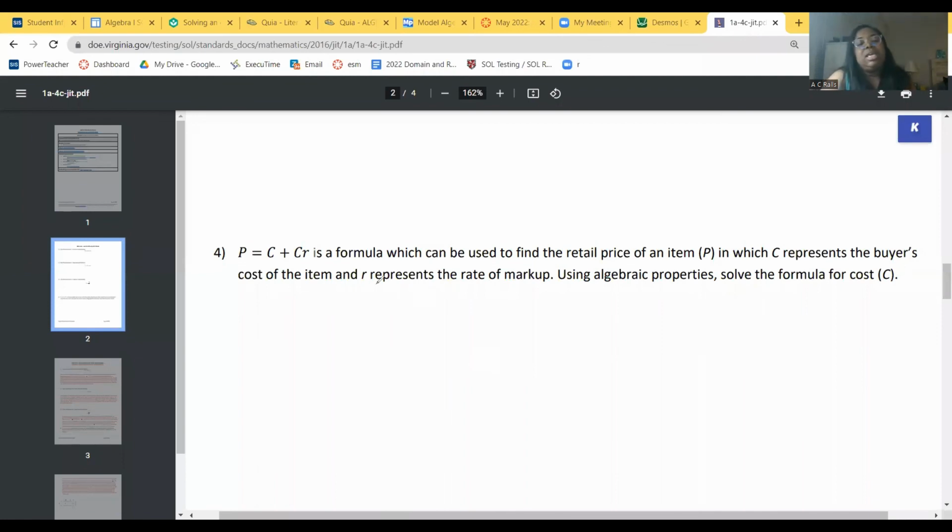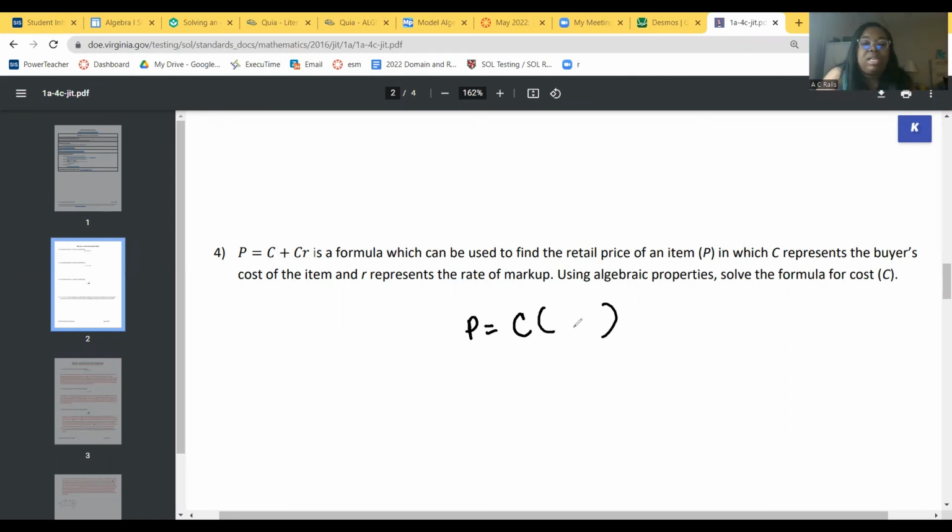Looking at this, it's hard to get C alone when you have C already on one side and C is connected to an R. But this is where your lessons in factoring come into play. So I'm going to factor out a C.